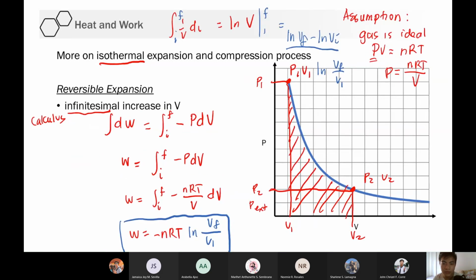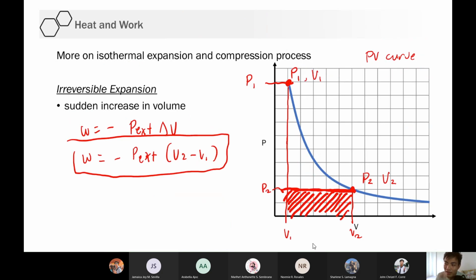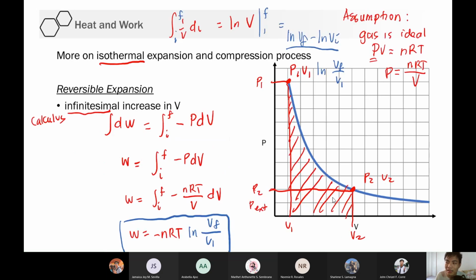Reversible, yes. Reversible yung mas malaki. Kasi tignan mo, hindi lang ito yung sakop niya. Ito din. Okay? So that means that work is really a path function. Ito yung patunay na ang work ay path function. Depende sa proseso yung value mo. Kasi kung reversible yan, ito lang. Pag irreversible ka, ayan lang. Pero kapag reversible ka, lahat ng yan.